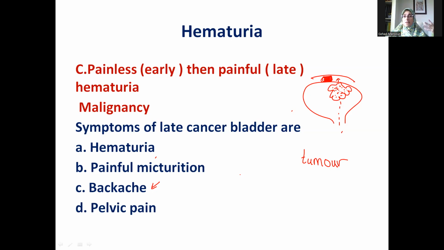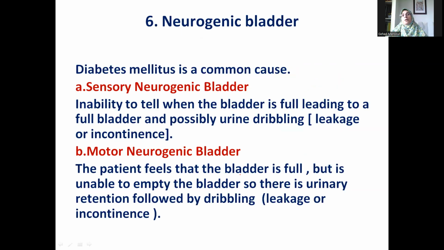So if they invade the vertebral column or the nerves at the back of the body, they might cause severe pain. And that's why this pain occurs at the end of the disease, when the tumor is big enough to invade other tissues.